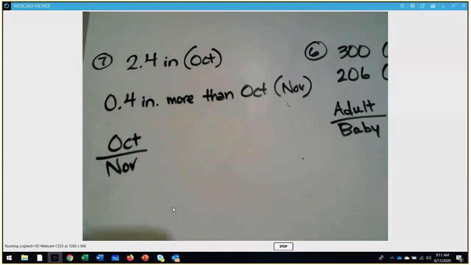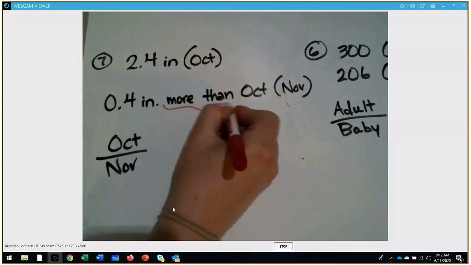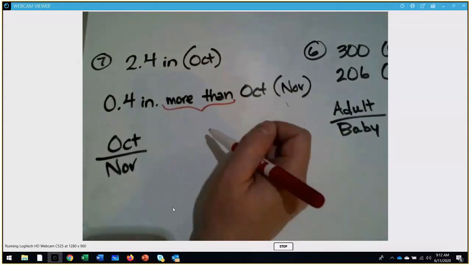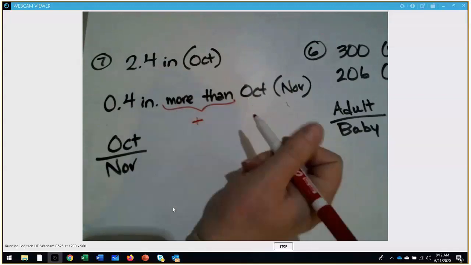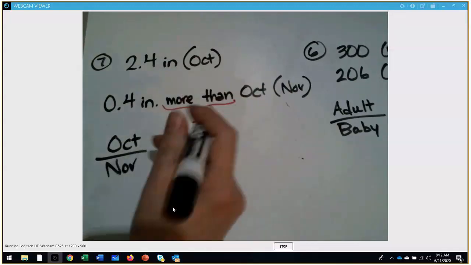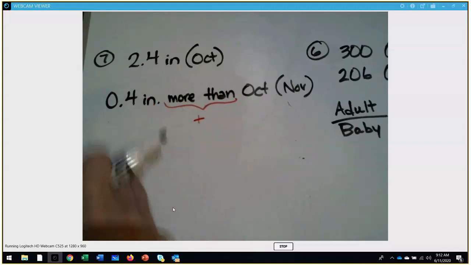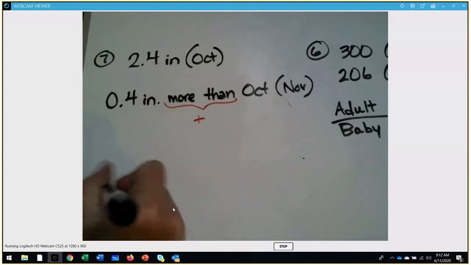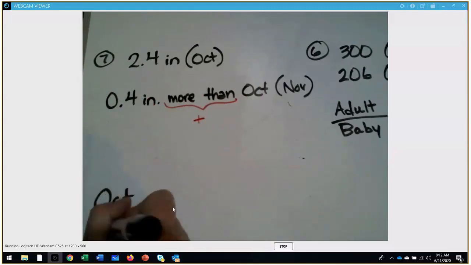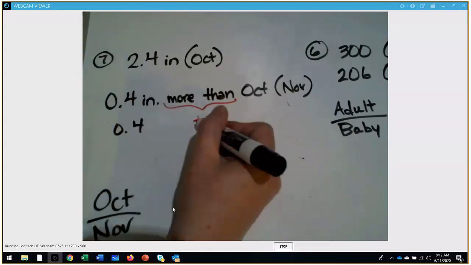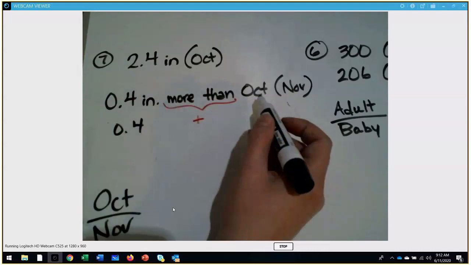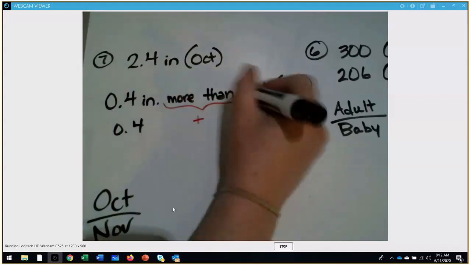So if we go all the way back to the very first day when we talked about problem solving, we need to translate this into an expression. More than means plus. So it's 0.4 plus whatever October's amount was, which was 2.4.